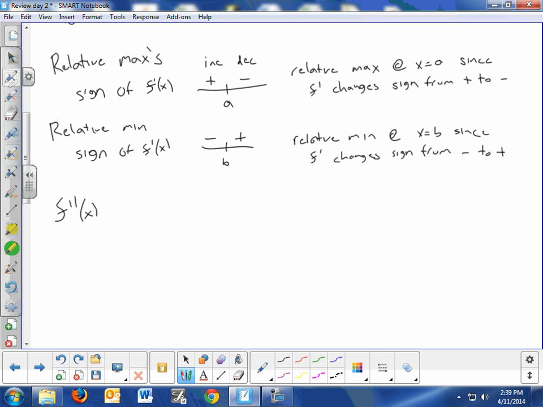F double prime tells us about the slope of f prime, but it also tells us about the concavity of f. If f double prime is positive, f is concave up.